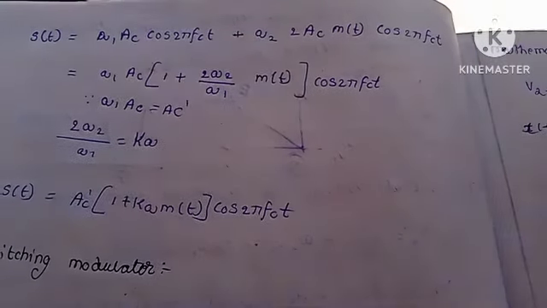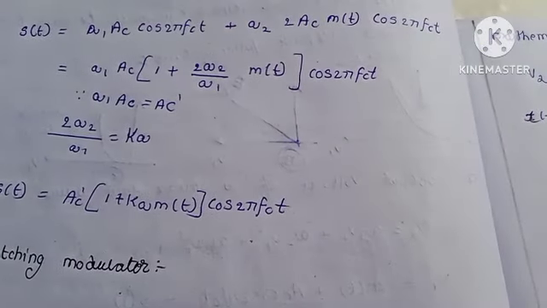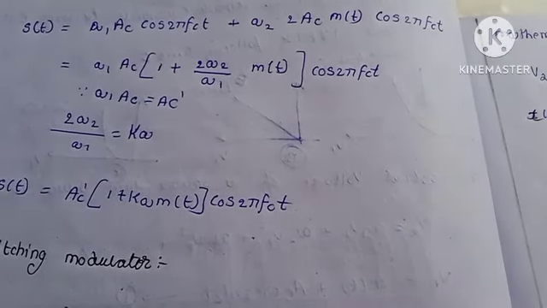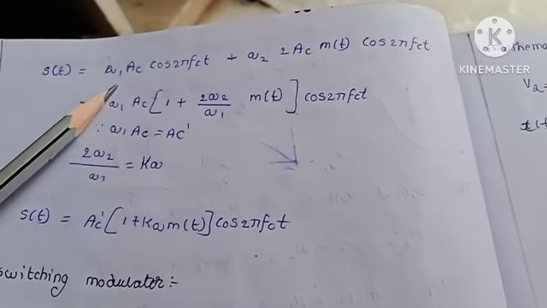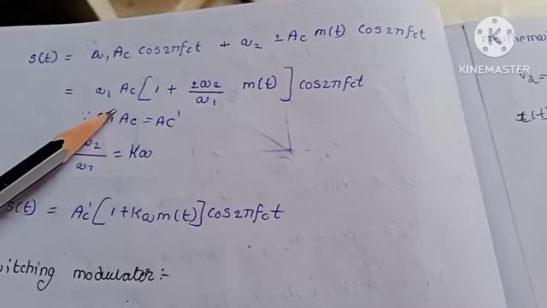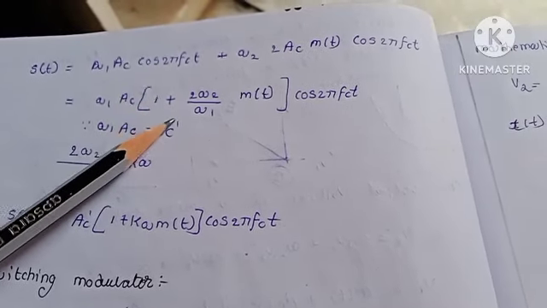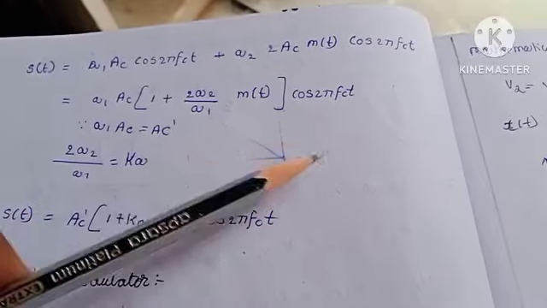S of t equals A1 Ac cos 2 pi fc t plus 2 A2 Ac m of t cos 2 pi fc t. Let us take the common terms: A1 Ac common, we get A1 Ac into 1 plus 2 A2 by A1 m of t cos 2 pi fc t.